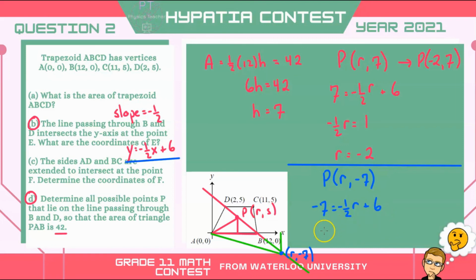So now if we rearrange this equation, we get minus 1/2 r equaling minus 13, or r equals 26. So this one has the possible coordinate of 26 and negative 7. Those are our two values for P that will give the area of this triangle to be 42.